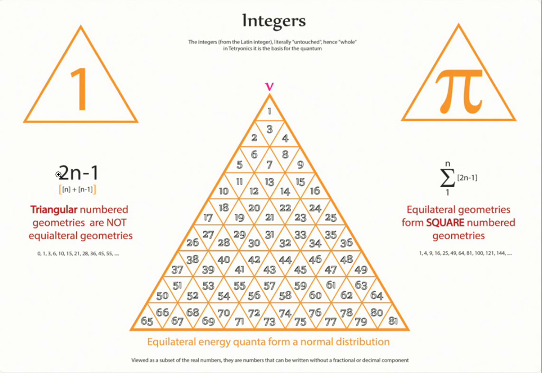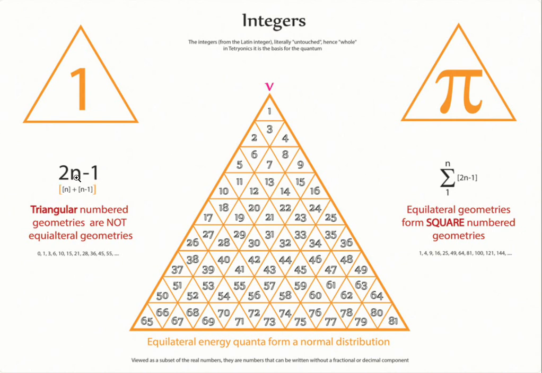We can obviously express these odd numbers as a number sequence where any odd number is simply the result of the formulation of 2n minus 1, and the square numbers are the sequential summing of odd numbers from 1 to n.